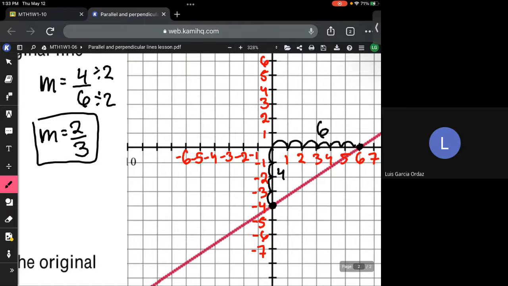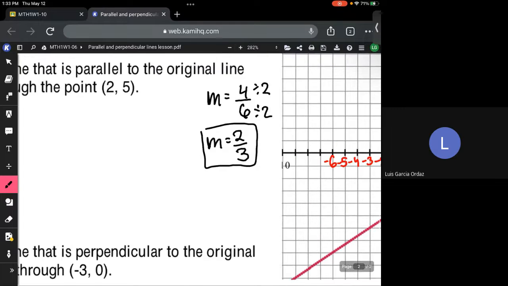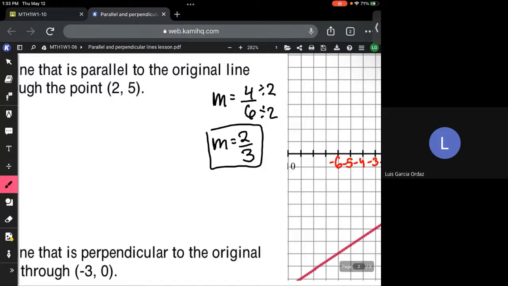From the beginning, when we have parallel lines, what is the only thing that is different between two parallel lines? What part of y = mx + b is different? The b. So far I have y = 2/3x + b, because I don't know what my b value is. We did this for the test.